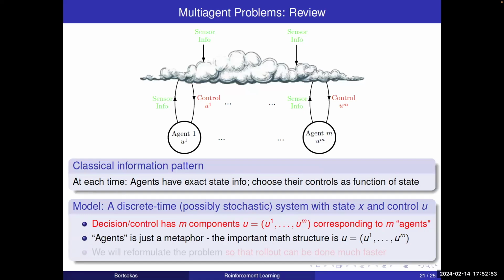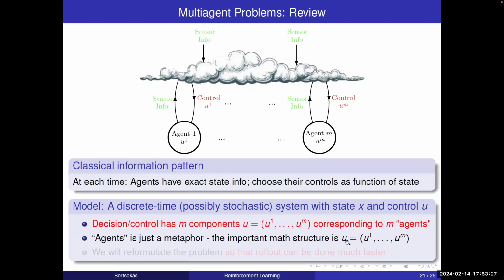For example, I could apply this structure to a robotic arm that has m degrees of freedom. Maybe it can extend the elbow, turn the wrist, move the fingers, in which case each of these components would correspond to a change in the angle of some mechanical feature of the robotic arm. So it doesn't necessarily have to apply to directly interpretable multi-agent problems.